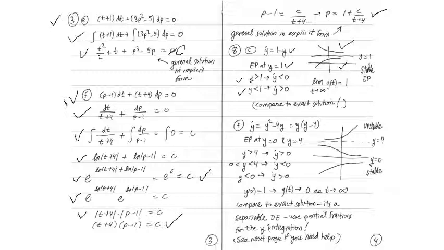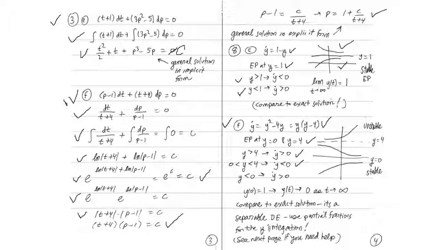In part F, we have a first order nonlinear differential equation with two equilibrium points at y equals 0 and y equals 4. And if we analyze the stability of each of those, again looking at the right-hand side of the differential equation in various cases depending on where y is, if y is greater than 4, the derivative is going to be positive, which makes the solution grow.